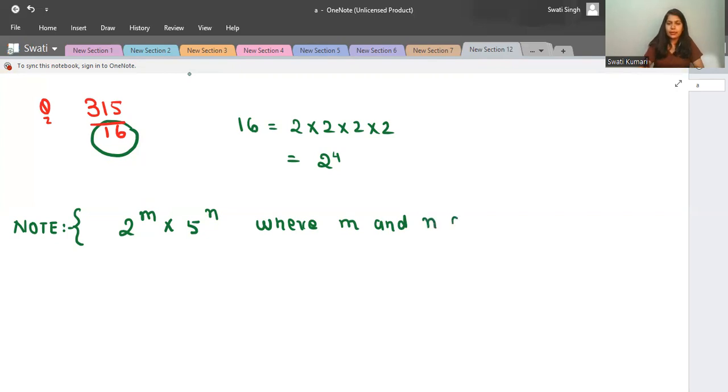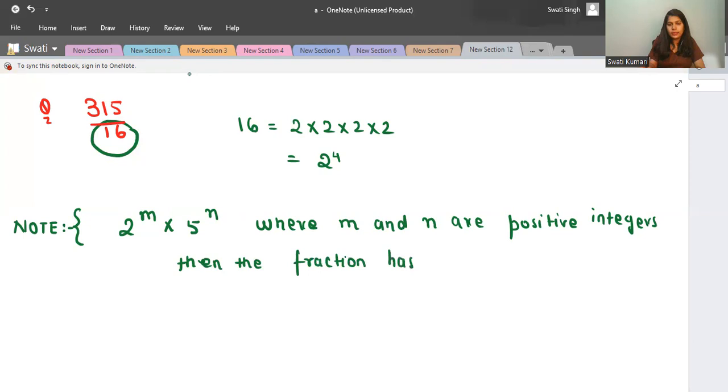So where m and n are positive integers, if you can see that you have something like this in the denominator, 2 raised to m into 5 raised to n, then the fraction will have a terminating decimal expansion.